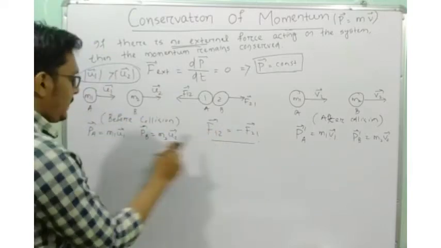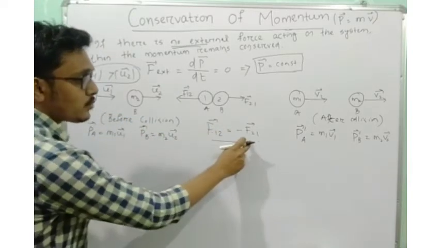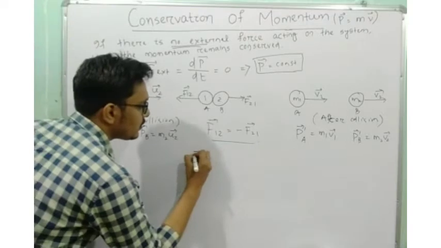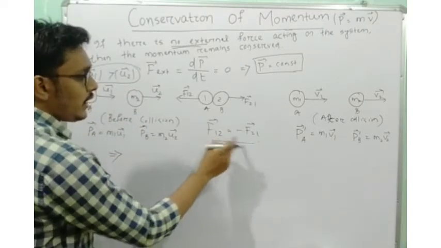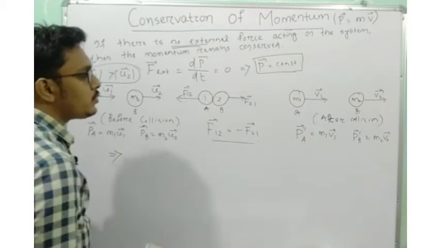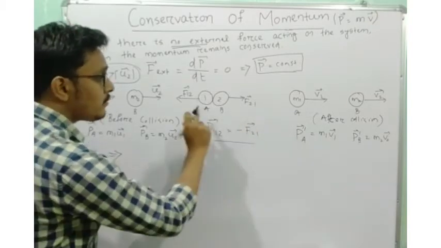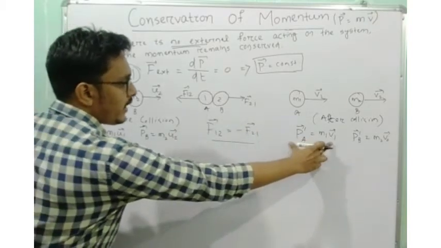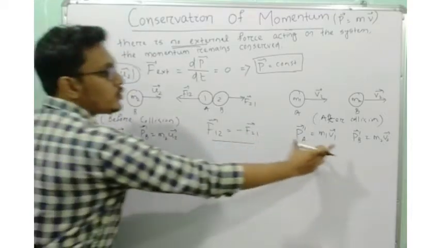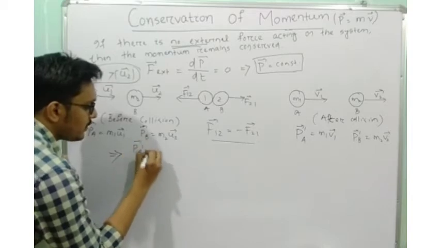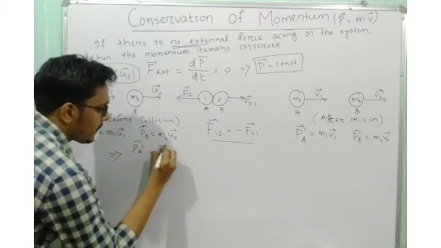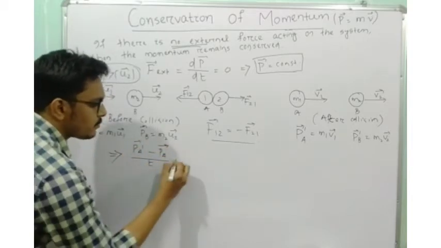Applying this, F12 is the change in momentum of A, which changes from Pa to Pa prime. So this will be Pa prime minus Pa in a time t, suppose.